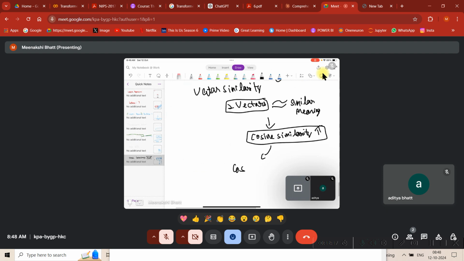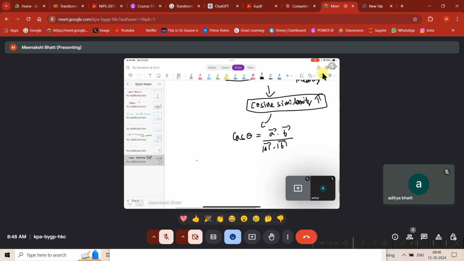Cosine similarity is essentially vector a dot vector b divided by modulus a into modulus b. So let's say you have two vectors, 0.1, 0.2, 0.3, and another vector 0.2, 0.4, 0.9.